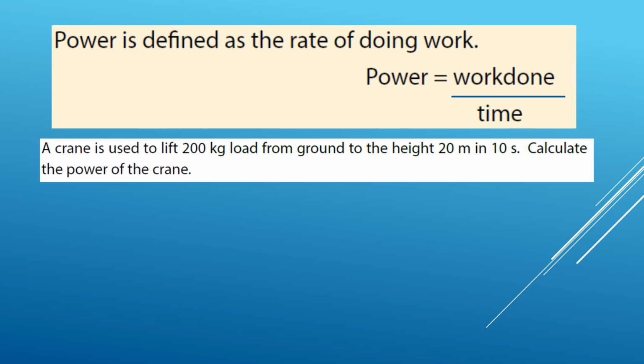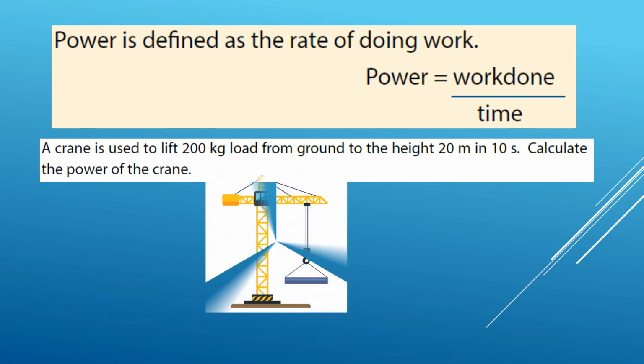Let us take the example of a crane. A crane is used to lift a 200 kilogram load from the ground to a height of 20 meters in 10 seconds. Calculate the power exerted by the crane.